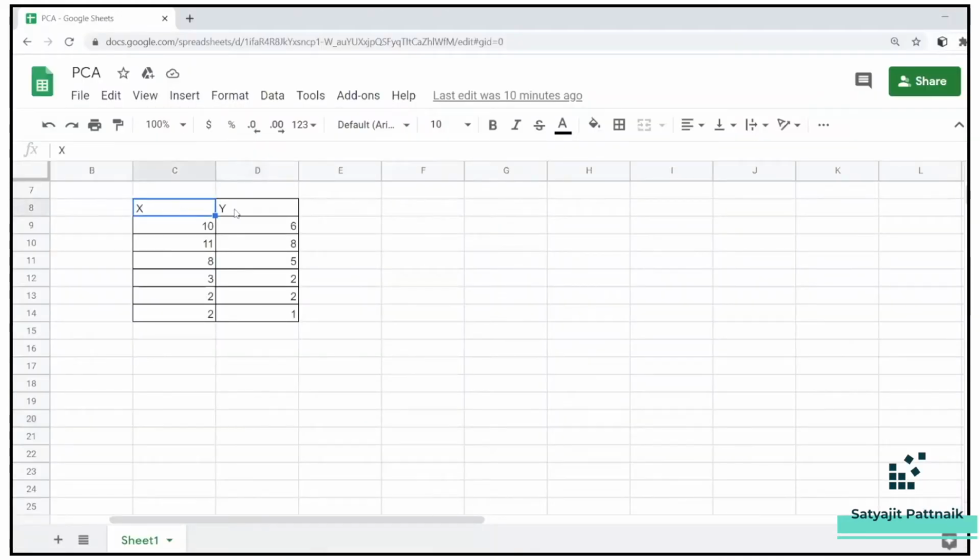Let's say x and y here are defined as this. Now obviously y here is not the dependent variable. I'm just talking about two different independent variables. Let's consider v1 and v2, but just for simplicity from the mathematics point of view, I have given them as x and y. If I have to plot this, it's quite easy.